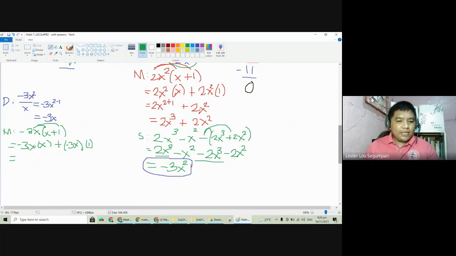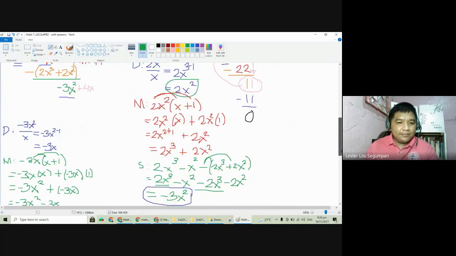So negative 3 times 1 is negative 3, and you will have x to the 1 plus 1 squared. By the way, I automatically added the exponents since they have the same base. Plus, here you will have negative 3 still. And removing the grouping symbol, you have negative 3x squared minus 3x as your second product.